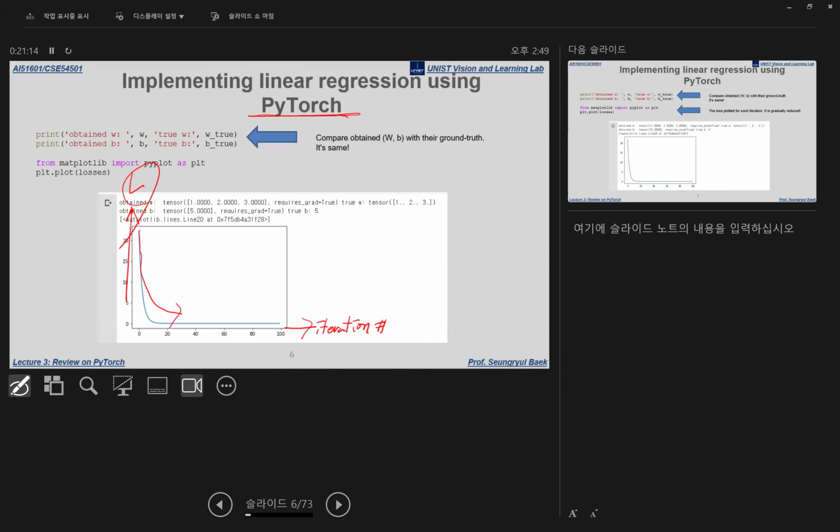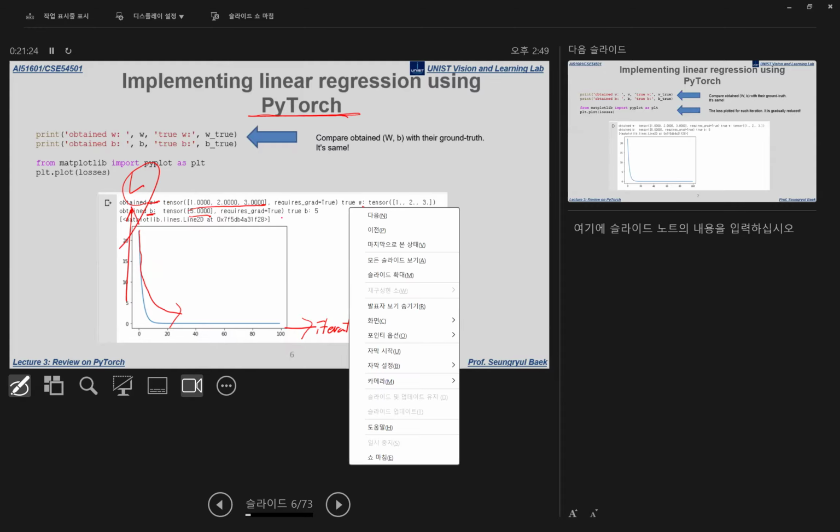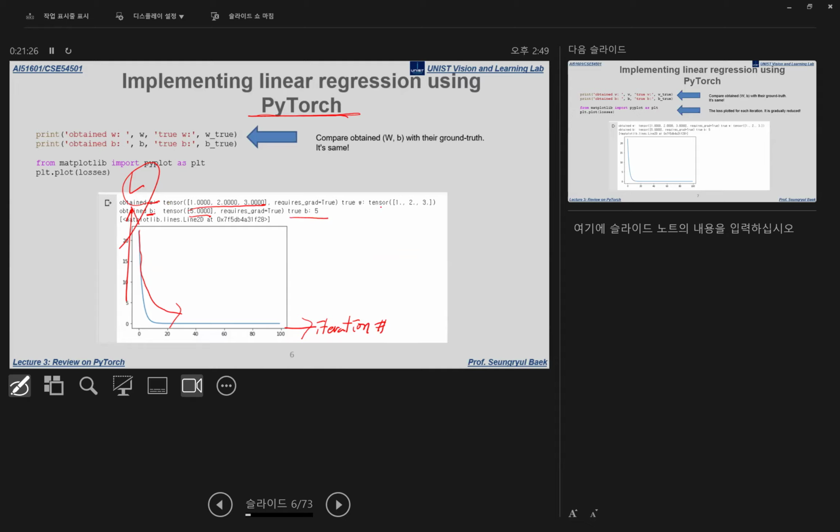And you can see the obtained W is 1 to 3, and the obtained B is 5. And the true W and true B, you can see they are identical to the predicted obtained W and B. So via this gradient descent algorithm, you can now confirm that we can find the true W and true B from the random W and random B values.